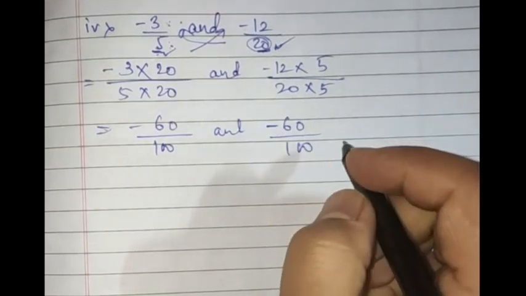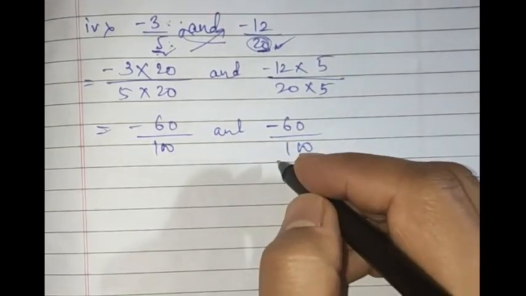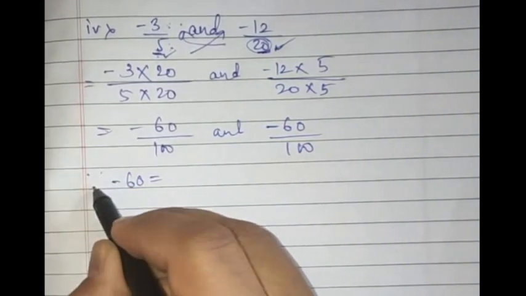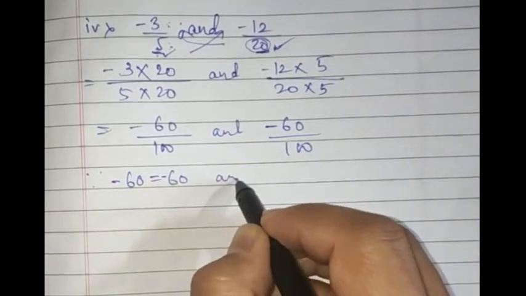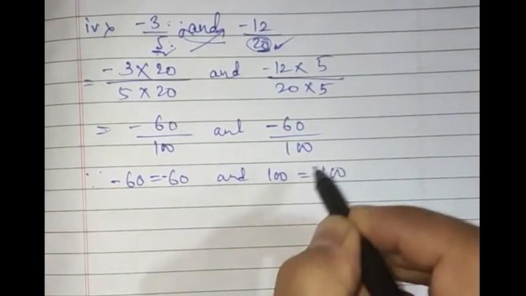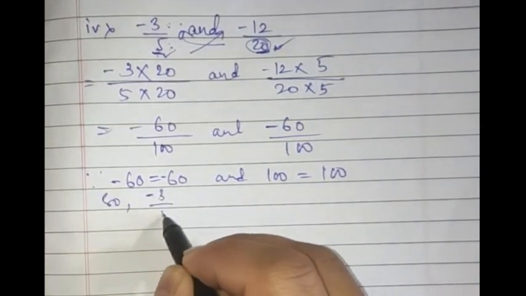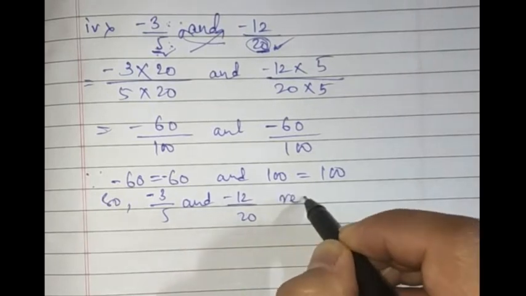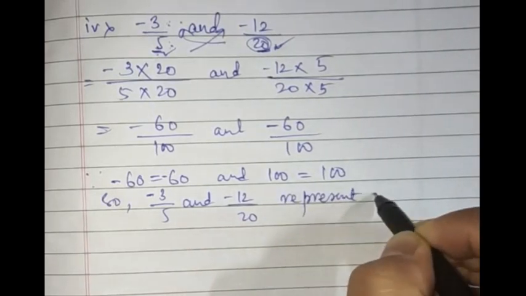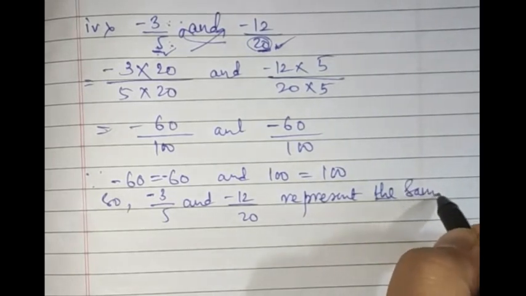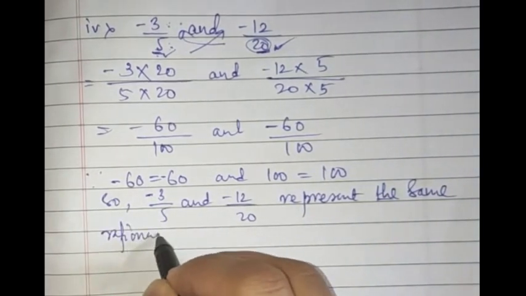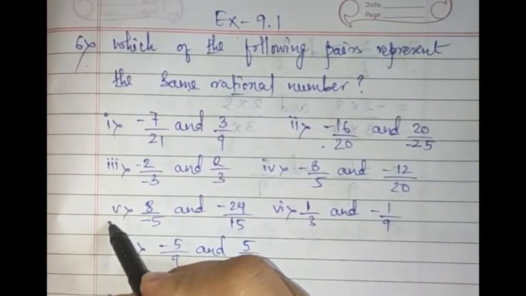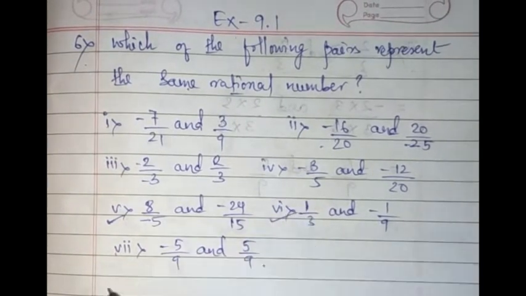In this condition also, minus 60 is equal to minus 60 and 100 is equal to 100, so minus 3 by 5 and minus 12 by 20 represent the same rational number.